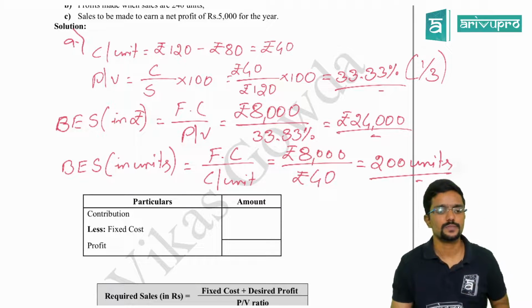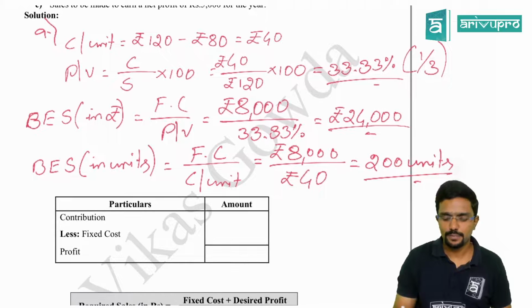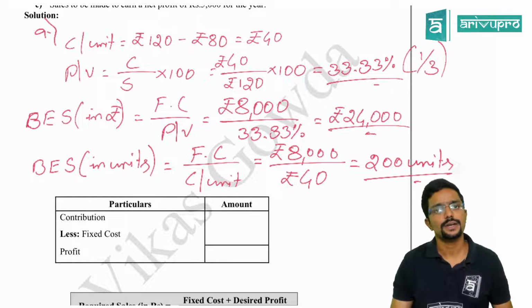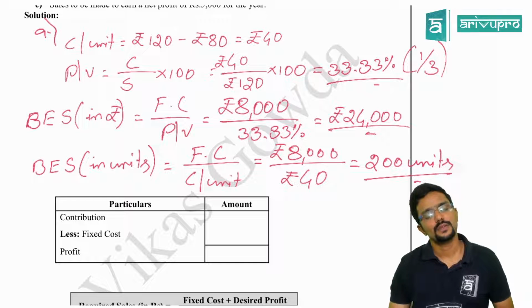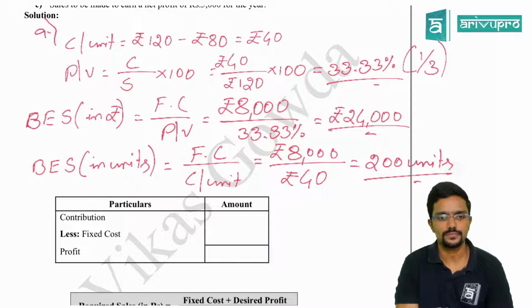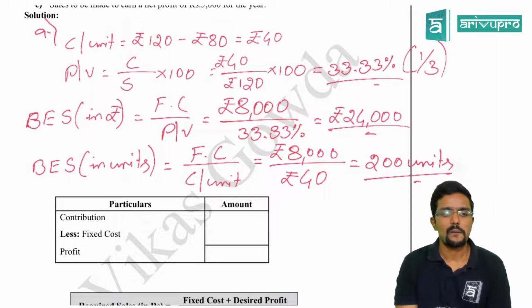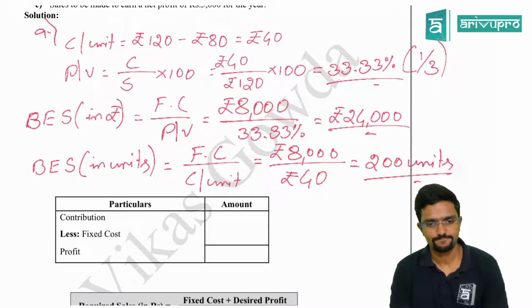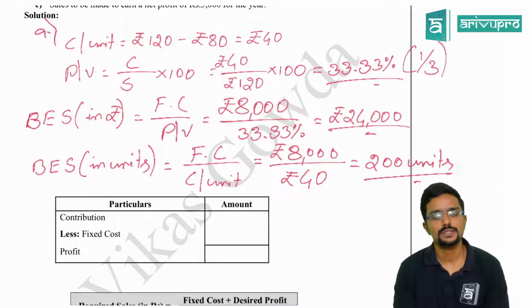You can also get this by dividing 24,000, the break-even sales in rupees we have got, by selling price. Please take down this. This is the first requirement of the question.